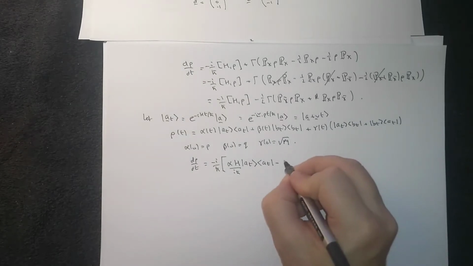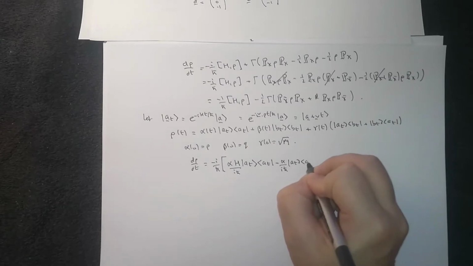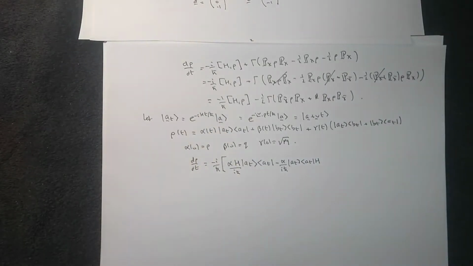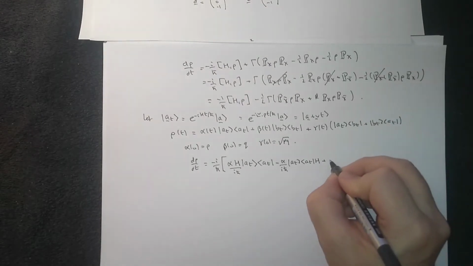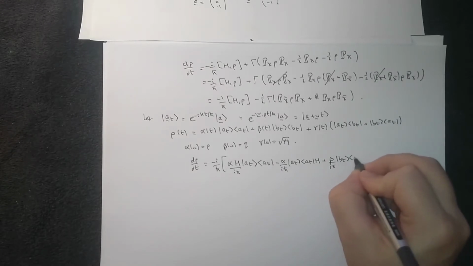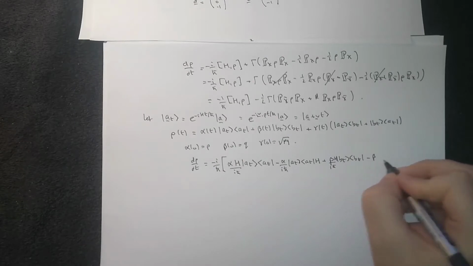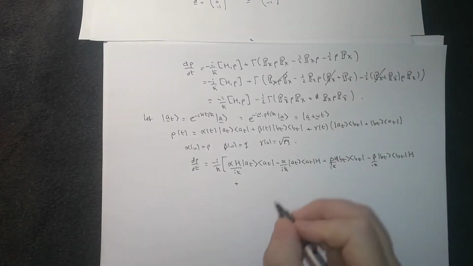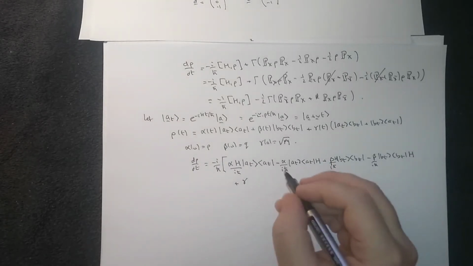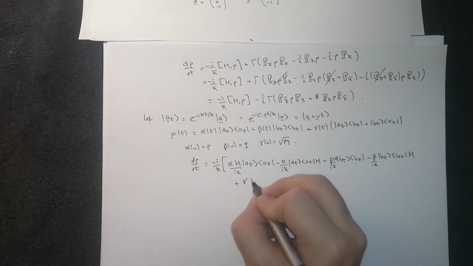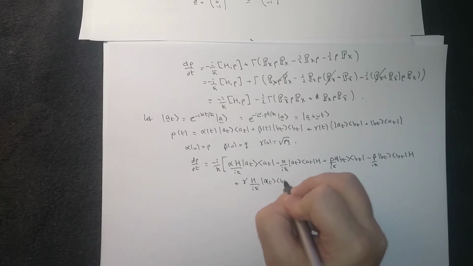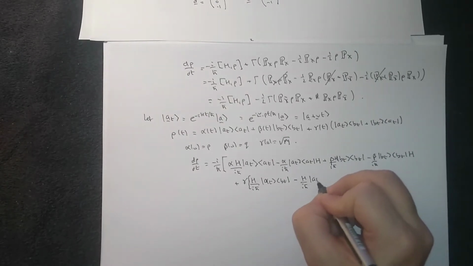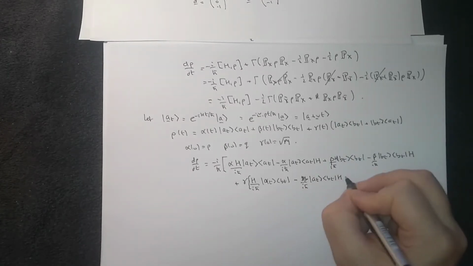We have minus that, the minus sign coming from the fact that one's taking the dagger of this to get the bra rather than the ket, plus beta over i h bar B_t H, minus beta over i h bar B_t H, plus gamma times H over i h bar A_t B_t minus H over i h bar A_t, the H is in the wrong place there, B_t H, plus the Hermitian conjugate terms.